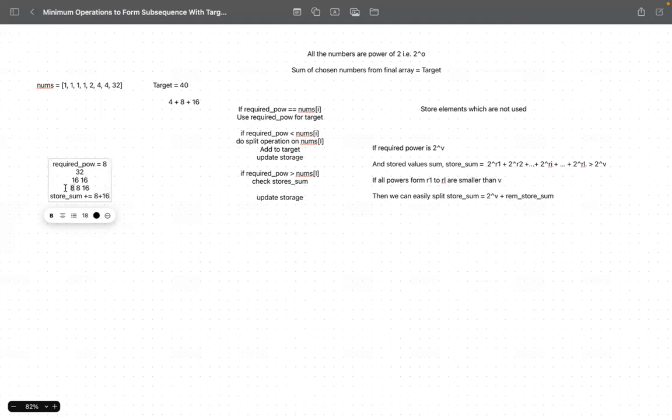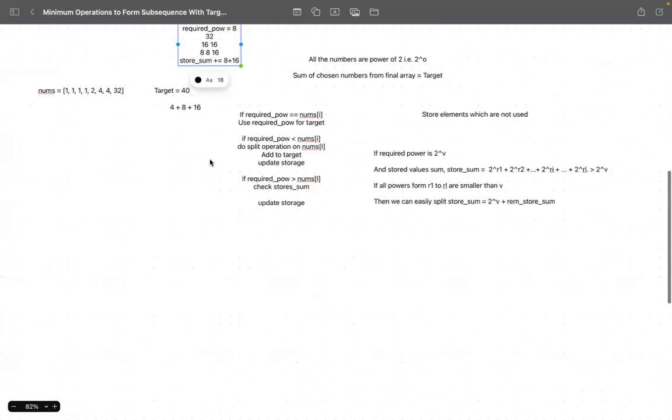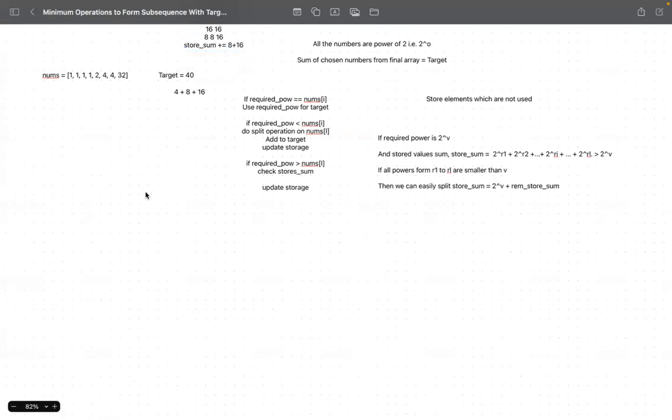Out of 2 8s, just one is being used for the target and the rest are stored. So store sum will be updated with an addition of 24. Okay, so this is one example, and this is the second condition.